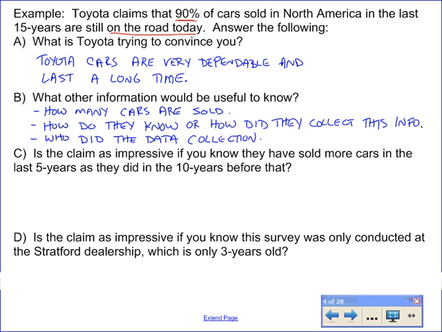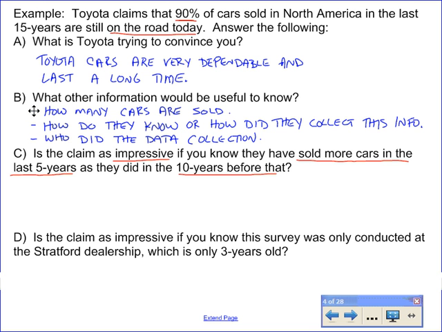So part C, is the claim as impressive if you know they sold more cars in the last 5 years as they did in the 10 years before that? So what this is saying, would you still be impressed if I tell you they sold more cars in the last 5 years than they did in the previous 10?